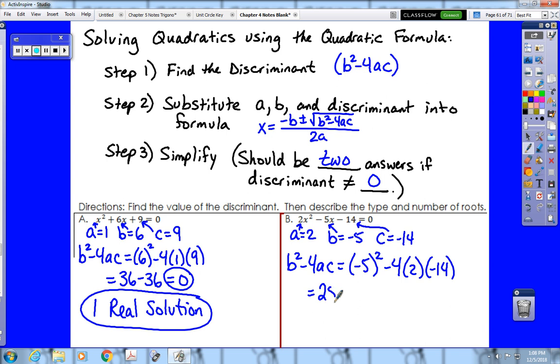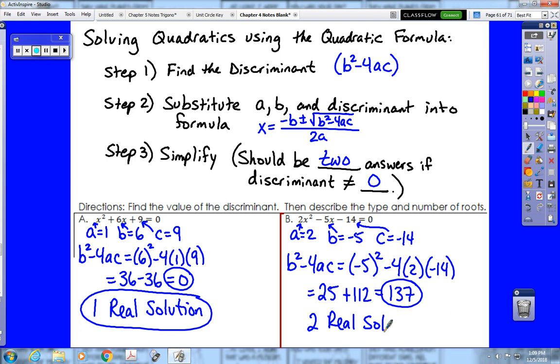That would be 25 plus 112. 25 plus 112 would give us a discriminant value of 137. That is a positive number, which means we have two real solutions.